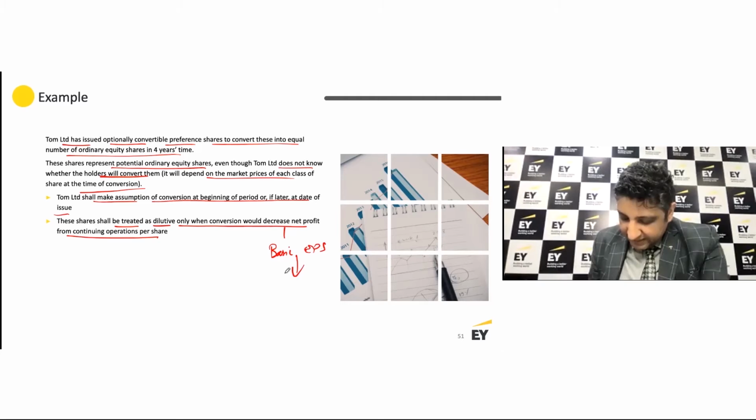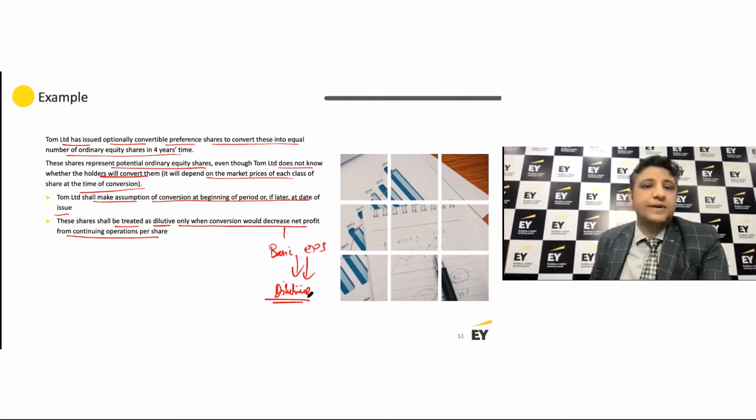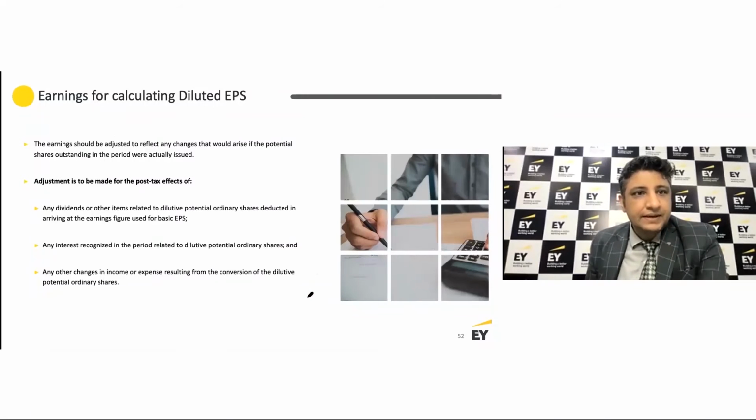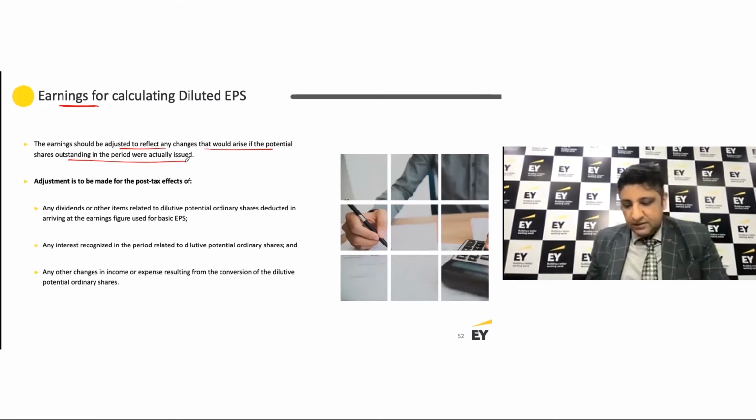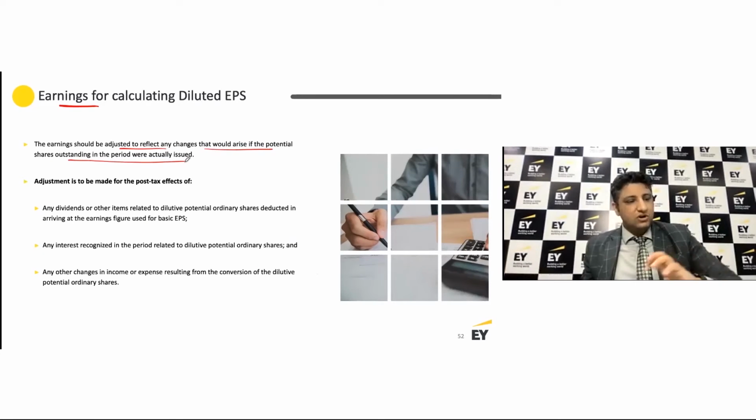If it is likely to go down, then we call these potential shares having a dilutive impact. As we said before, the earnings need to be adjusted, in that you're not going to pay any interest, you're not going to pay any dividends, and tax consequences will have to be managed as well.